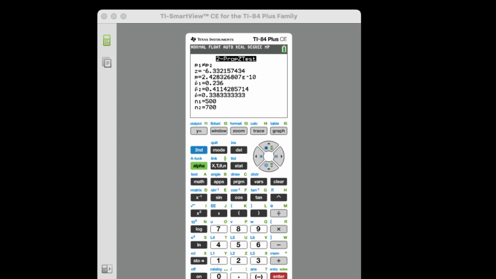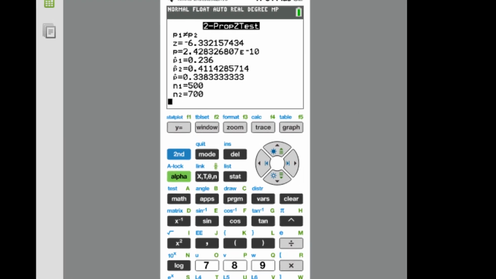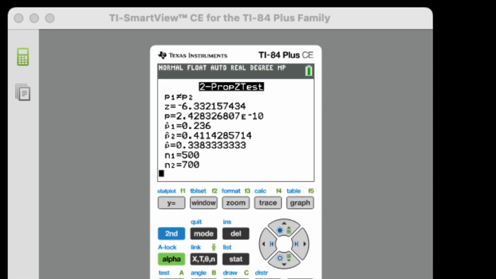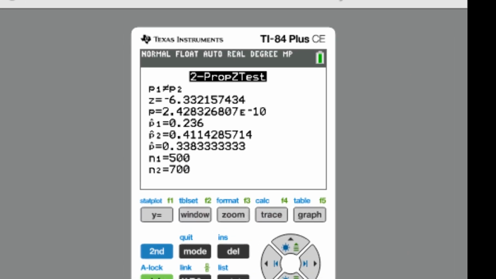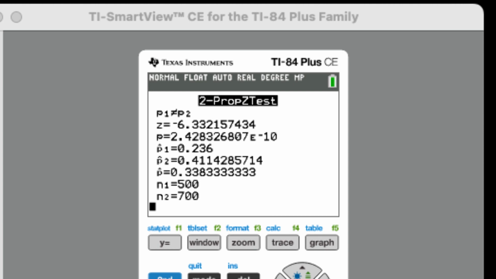Let's see if we can figure out the p-value. Let's read it. What's your p-value? Do you guys know? Let's see if you guys can tell me. This is 2.42 times 10 to the what? Anybody remember what this is? You say that's e to the minus 10.